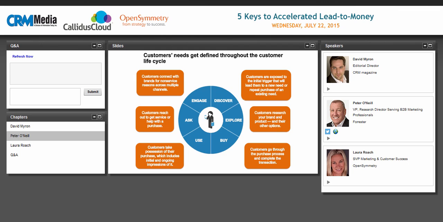There's going to be a trigger at some point where the buyer moves from discover to explore. And that trigger basically has the emotion that, yes, I'm going to do something about it, and they start to explore, which is actually putting their project together. Now, in the business world, their project is always much more than what you offer as a vendor or as a technology provider or as a business service provider.